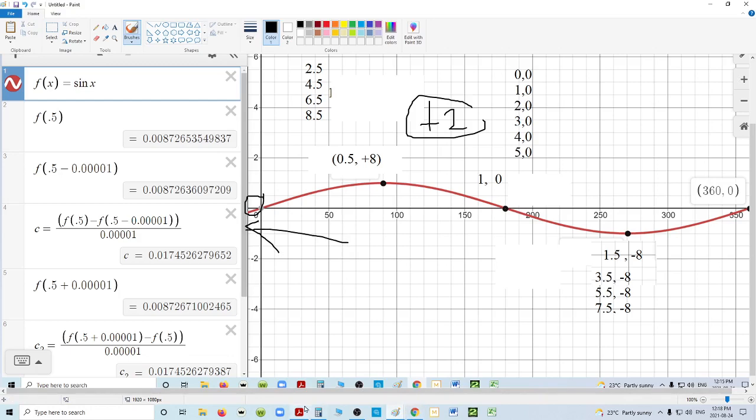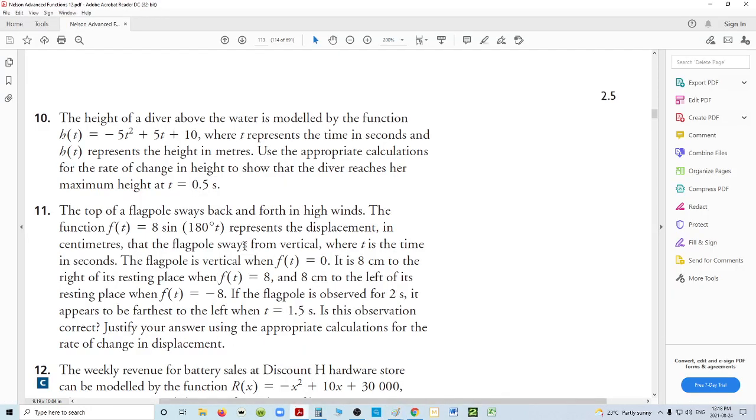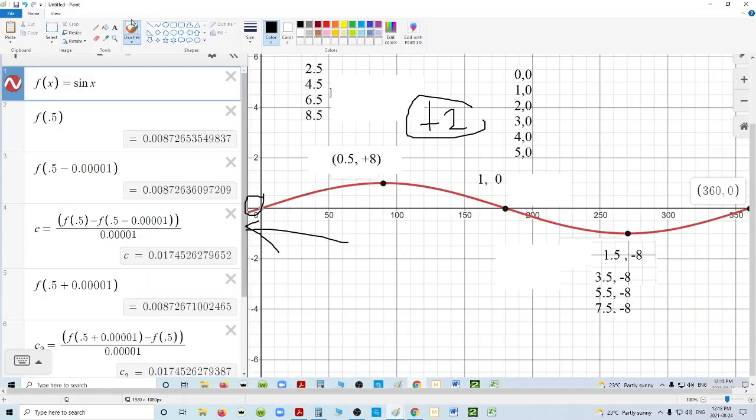Now let's look at the question. The question says, where a flagpole goes back and forth, the function f of t is represented as we just described it. It represents displacement, which means where the flag is flying, in centimeters. The flagpole sways from vertical, where t is in time. So they're calling the middle point, the axis, vertical.